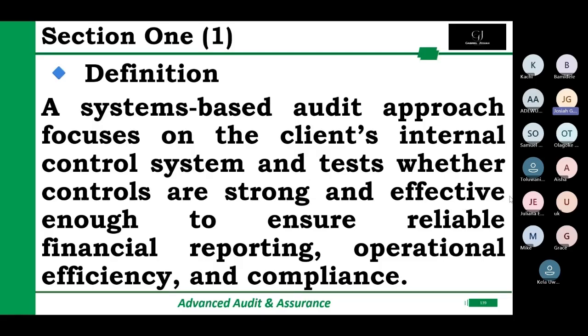Number 3, the organization is compliant with laws and regulations and internal policies. Number 4, assets are safeguarded from loss, fraud, and misuse. So those three words, policies, procedures, activities, should come to your mind once you hear internal controls, and those are to be put in place by the organization's management.